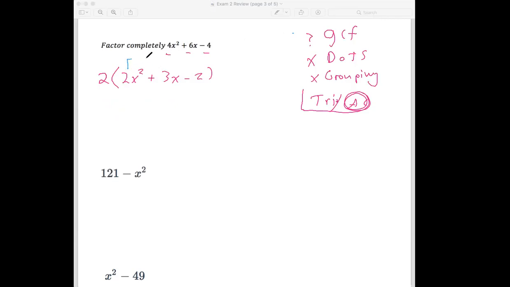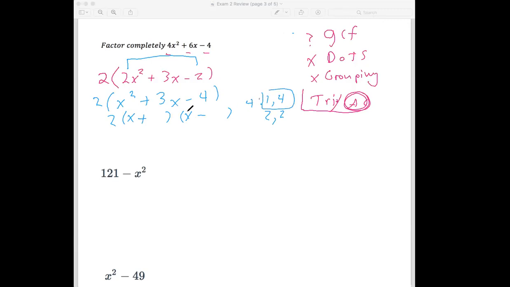Okay, so now we do the AC method. We do the 2 times the -2. Now leave this 2 on the outside out there. So this becomes x squared plus 3x minus 4. We trinomial factor this. Don't forget this 2. X plus, x minus, let's see, factors of 4. 1 and 4, 2 and 2.